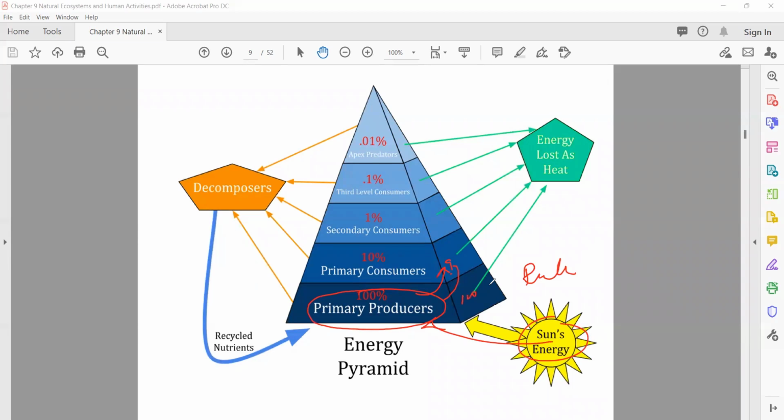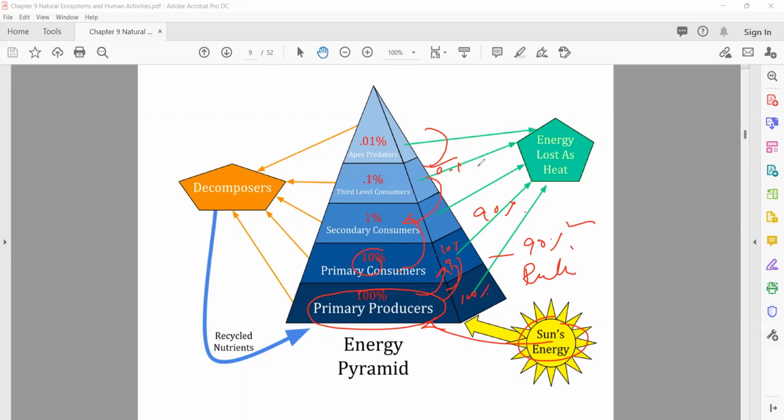For example, you have 100% energy here. From 100, only 10% will go. The other 90% will be waste. Now this is 10. From that 10, again 10%, and 10% of 10 is 1%. Again 90% is waste. Then from it, 0.1%.